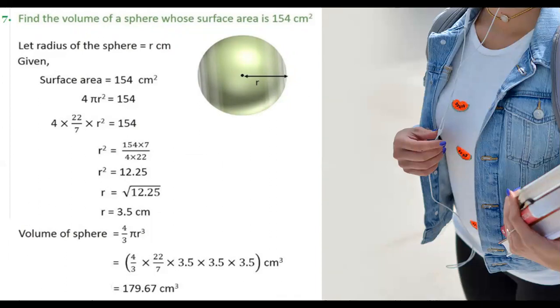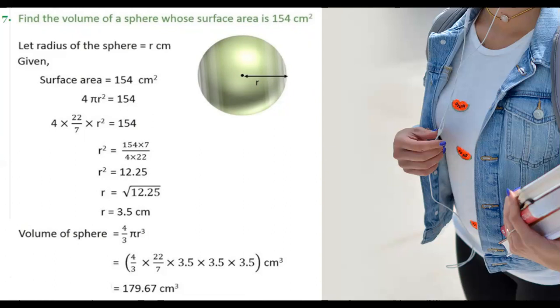Now let us suppose the radius as r centimeters, since surface area is given as 154 centimeter square. We are taking centimeters because surface area is also given in centimeters. So here surface area is 154 centimeter square.